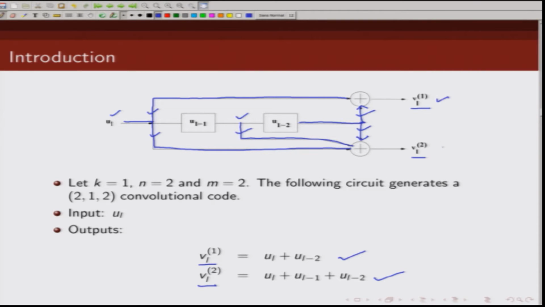These coded bits were generated by various combinations of the input and these past inputs, and whether a particular bit appears in the output is governed by these interconnections. Whether there is a line connecting this part to the output or not determines whether that particular bit is participating in the output bit.